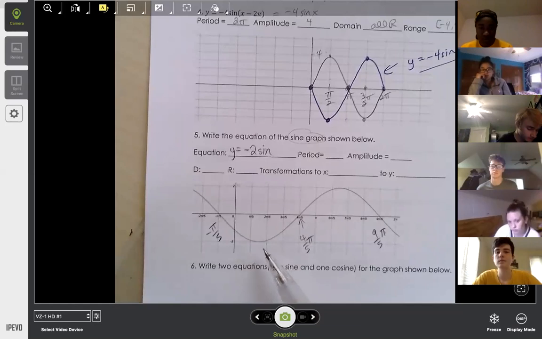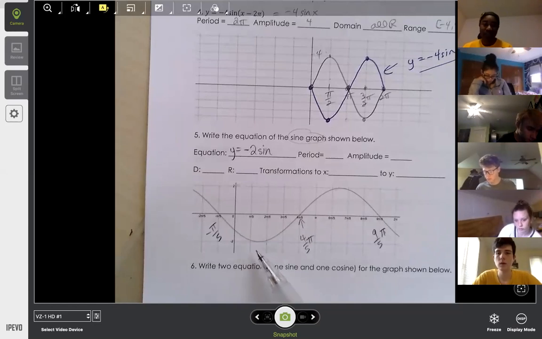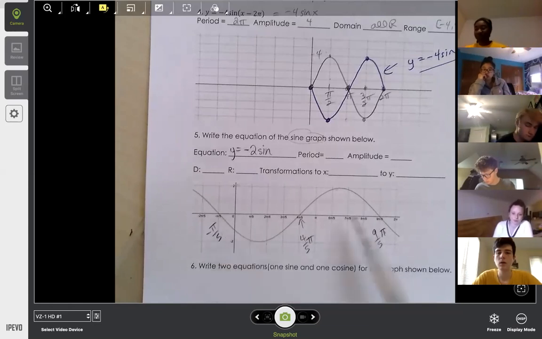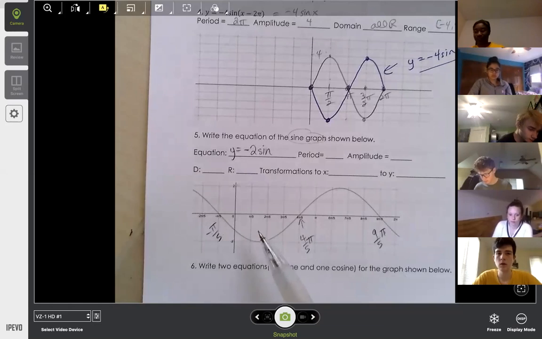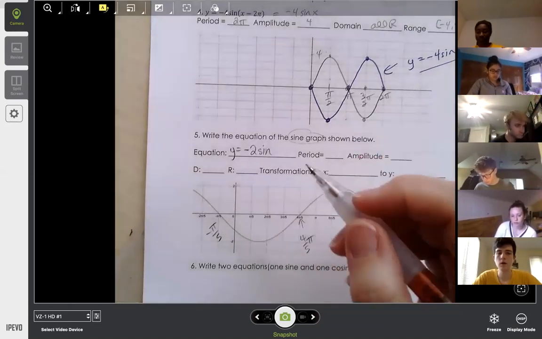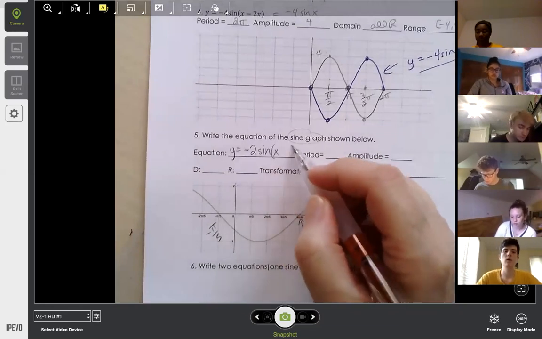Because it's in between -pi/5 and 9/5 pi, which is just 2 pi, right? Right. So from 9/5 to -1/5, that's a distance of 10/5, which is 2. So the period is still 2 pi, so that's not going to change anything, but it has moved.